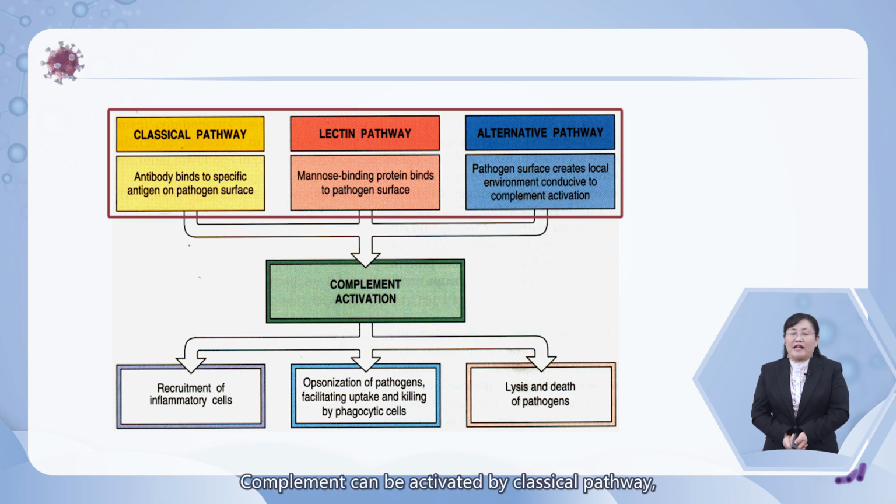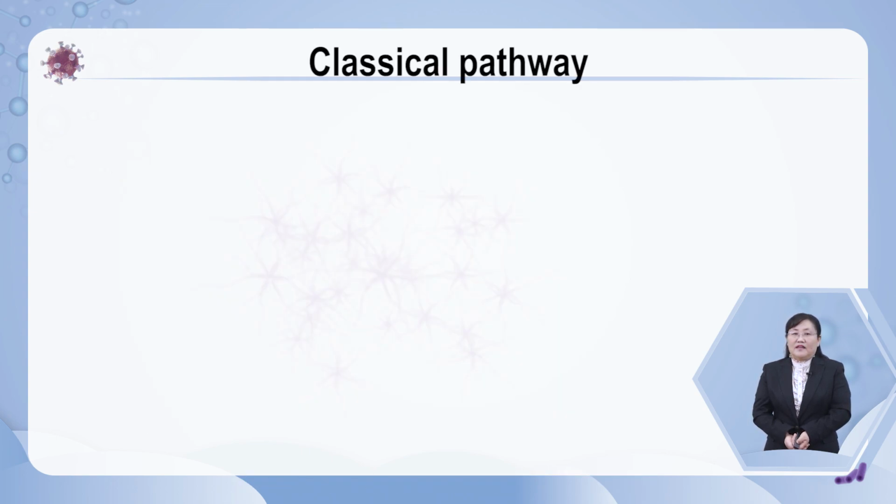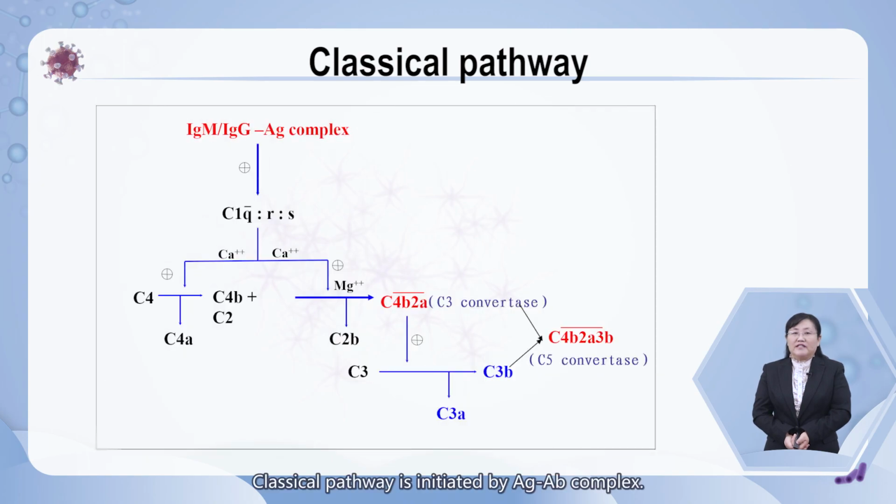Complement can be activated by the classical pathway, alternative pathway, or MBL pathway. Finally, the 3 pathways enter the terminal pathway, and MAC is formed. The classical pathway is initiated by antibody-antigen complex.